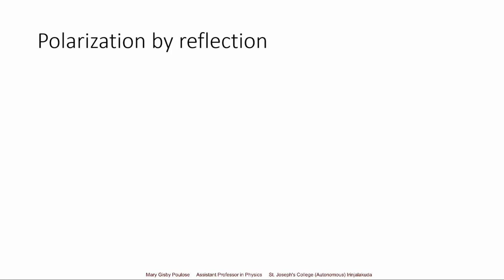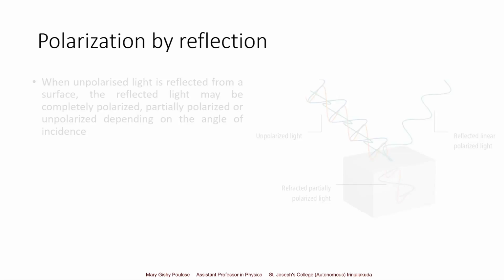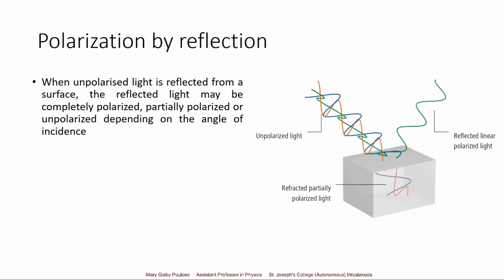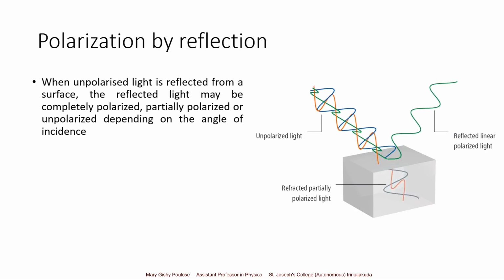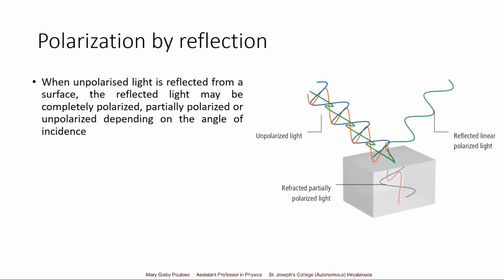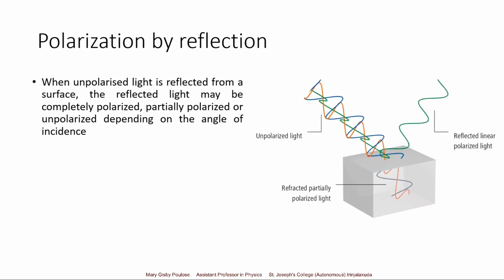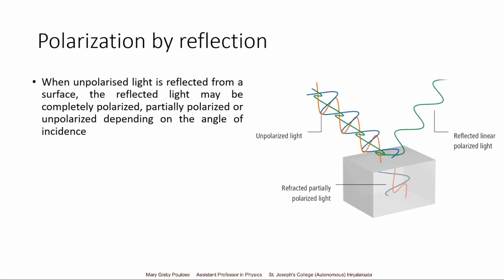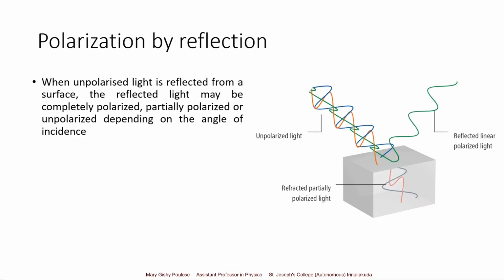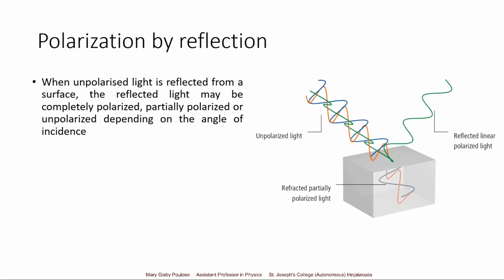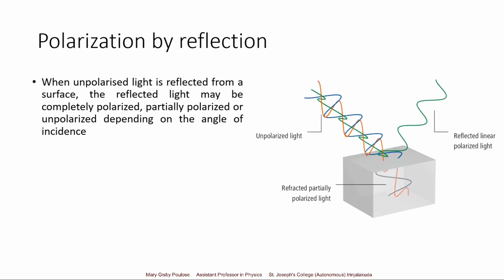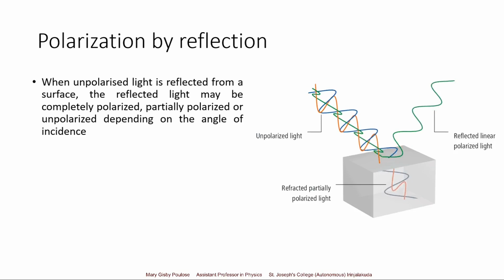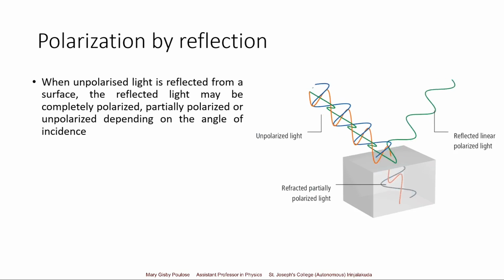Now, let us see what are the different methods that can be used for polarizing light. First, polarization by reflection. When unpolarized, randomly polarized light falls on any surface at any angle, the reflected light can be partially polarized, completely polarized, or completely unpolarized.